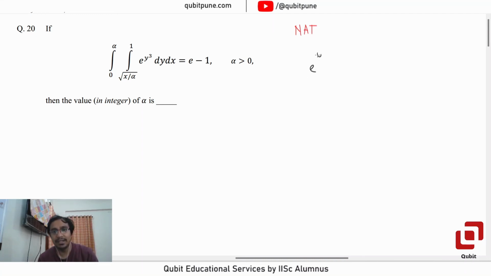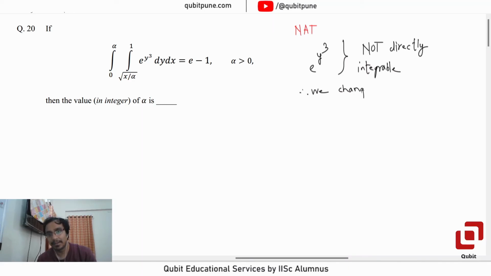The integrand is e to the power y cube. It's not directly integrable. So we reverse the order. We change the limits, rather, we change the order of integration.